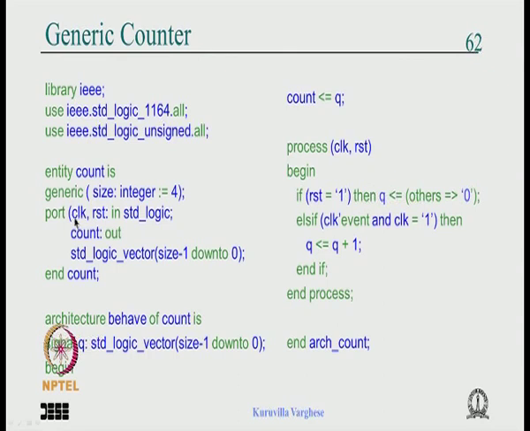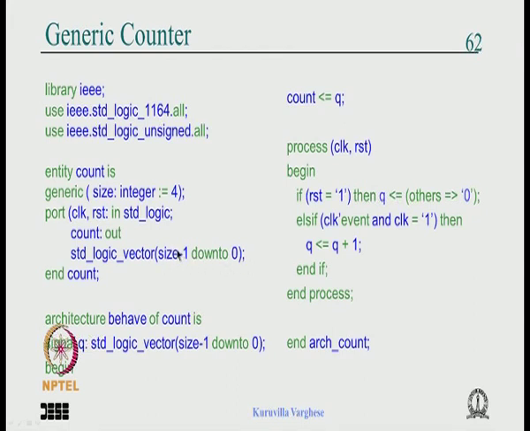In the entity, when we declare the port, the inputs are clock and reset, and count is the output, a standard logic vector. Now instead of saying 7 down to 0, we define a constant called size. We say size minus 1 down to 0.